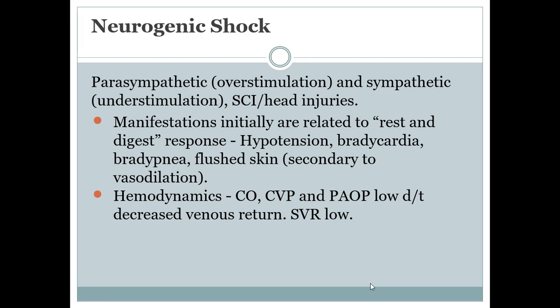Some manifestations: initially, it's related to this sort of rest and digest response from the brain, needing our nervous system to take a break. That rest and digest will cause hypotension, bradycardia, bradypnea, and flushed skin secondary to vasodilation. The clinical manifestations of neurogenic shock are slightly different from the other forms of shock. Similarities include the patient has decreased cardiac output as a result of this decreased vascular tone and reduced venous return.